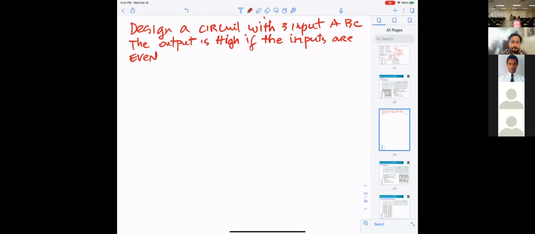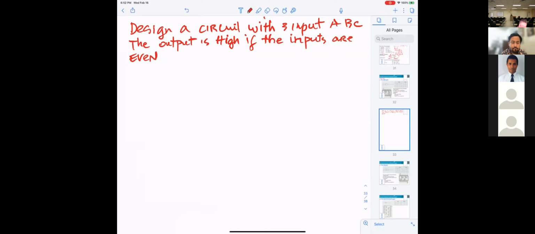Okay. So they want to build a circuitry. They get 3 inputs, A, B, C. And they tell you the output is logic 1 if the input is even. So the first thing you need to do, you have to get a truth table first, no matter what.